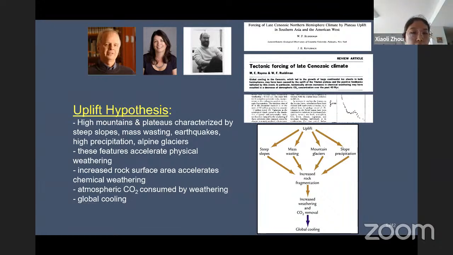Basically, their hypothesis assumes that the uplift of the Himalayas accelerated the continental weathering, which consumed a lot of CO2, and it resulted in the decrease of CO2 in the atmosphere.